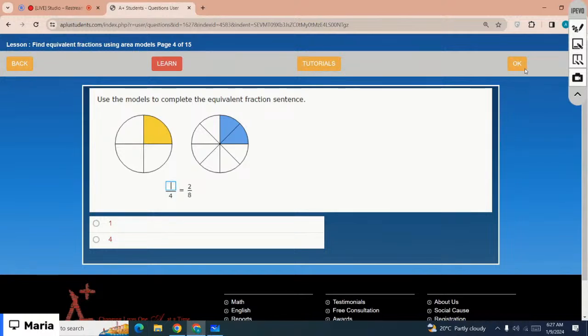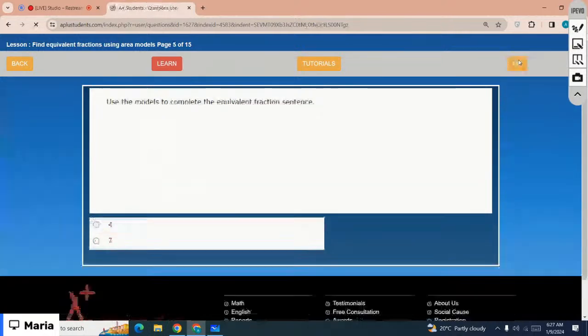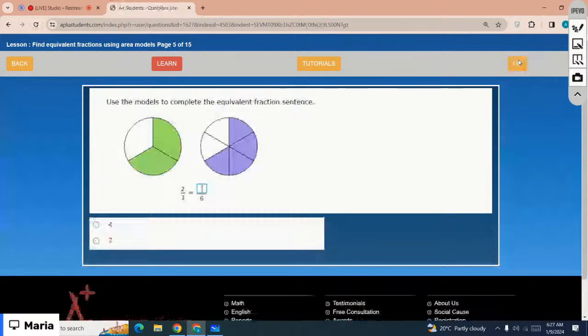Yes, that is 1 out of 4. Use the models to complete the equivalent fraction sentence, which is the correct option.